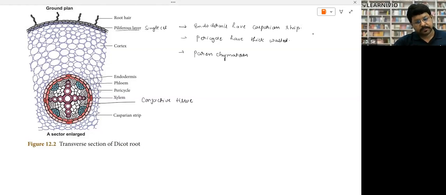Next point: parenchymatous tissue between xylem and phloem is called conjunctive tissue.